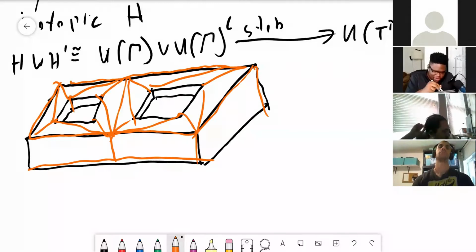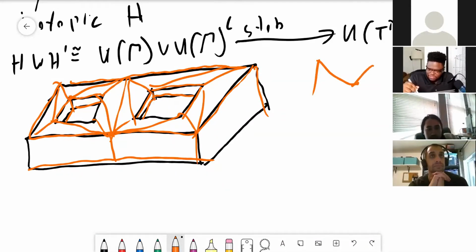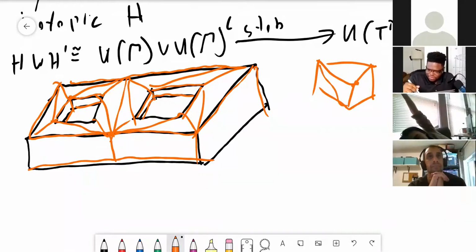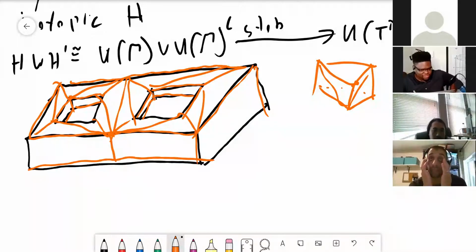And if you really want to be official, this technically is not triangulation. You would go ahead and take each of these prisms that we've broken this handlebody into, and just do your favorite way of dividing this into three tetrahedra.